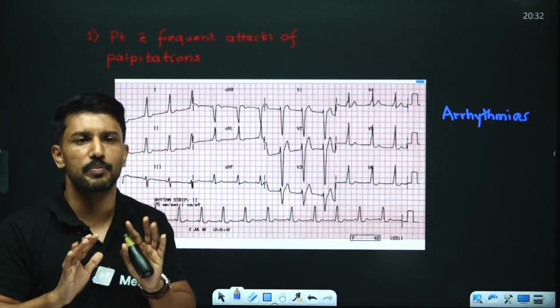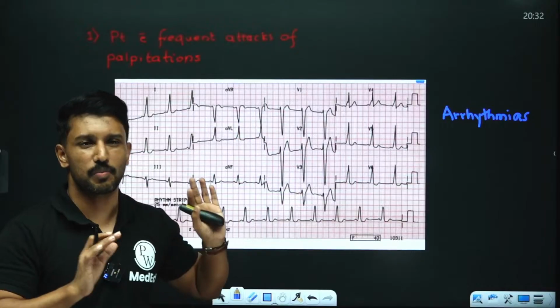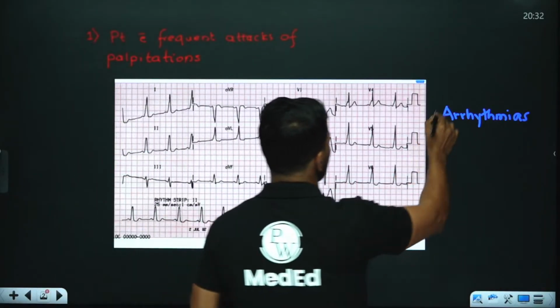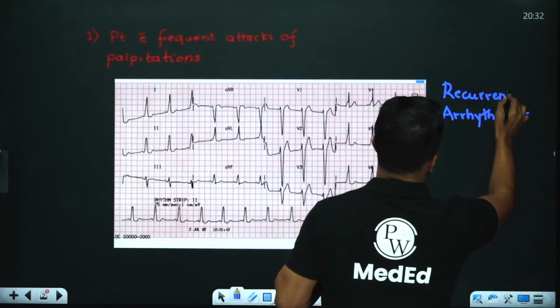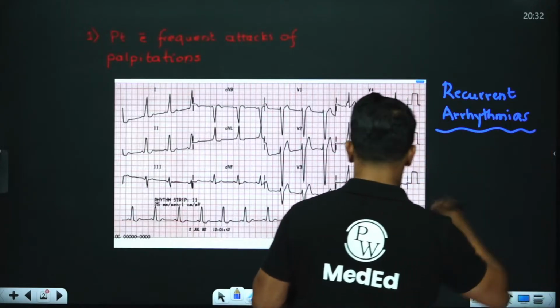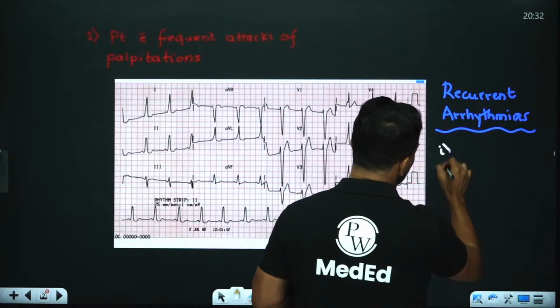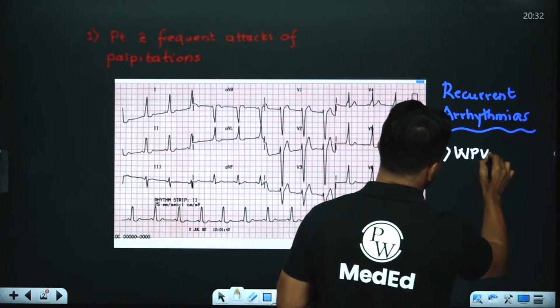So we should always keep in mind that some condition which increases the risk of developing arrhythmias may be responsible, and that is what the examiner may be looking for. So we are primarily dealing with recurrent arrhythmias. Now tell me, what all conditions are known to cause recurrent arrhythmias? One such condition which an FMG student must know is WPW syndrome, right?